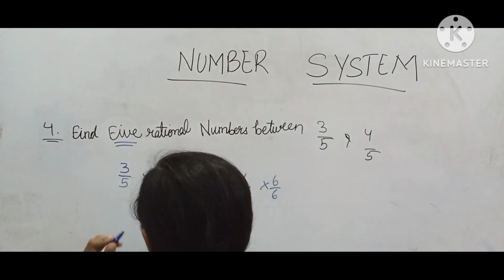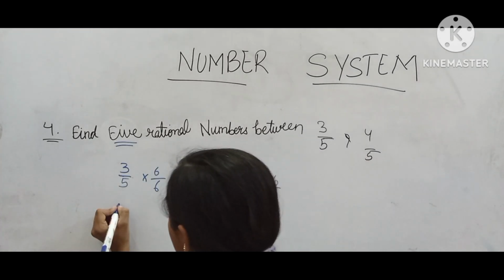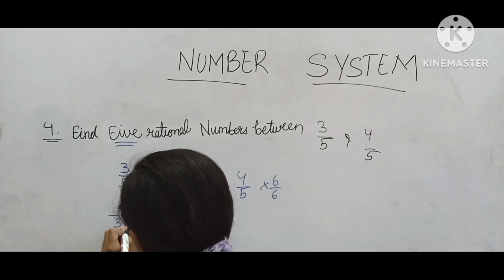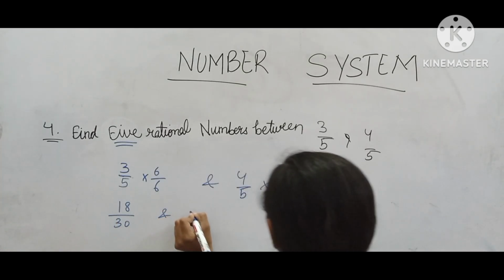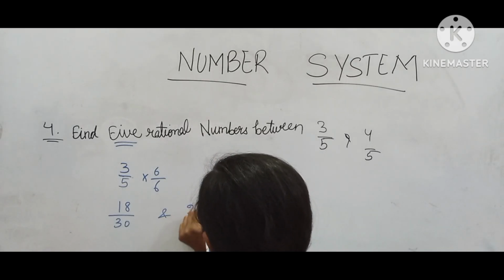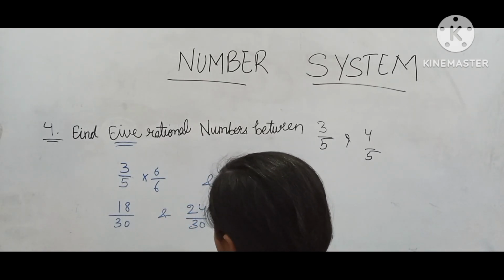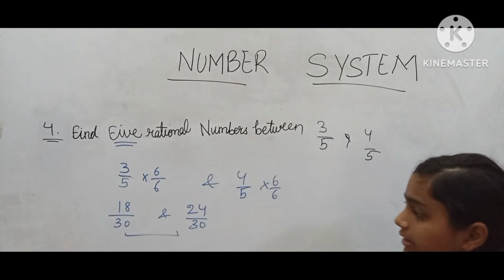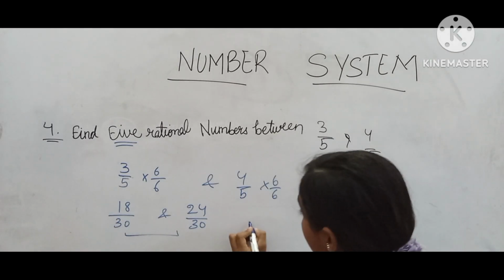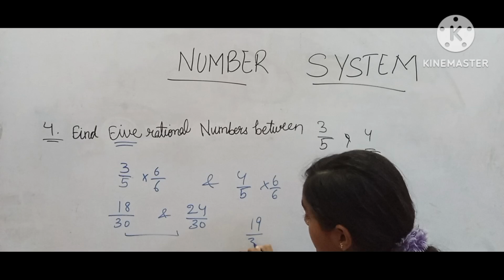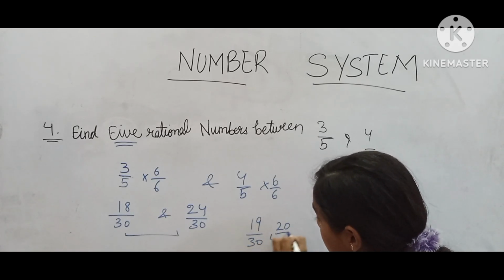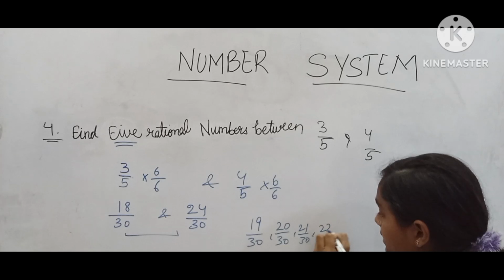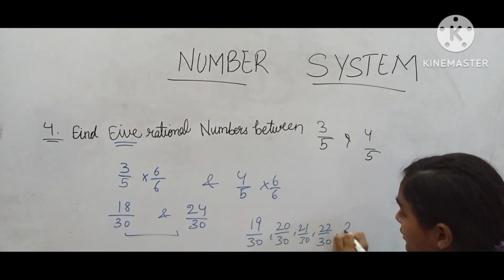Here we get 3 6s are 18 and 5 6s are 30, and 4 6s are 24, 5 6s are 30. So finding 5 rational numbers between 18 by 30 and 24 by 30 won't be a problem: 19 by 30, 20 by 30, 21 by 30, 22 by 30 and 23 by 30.